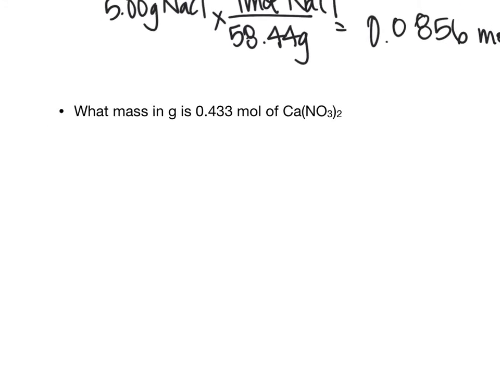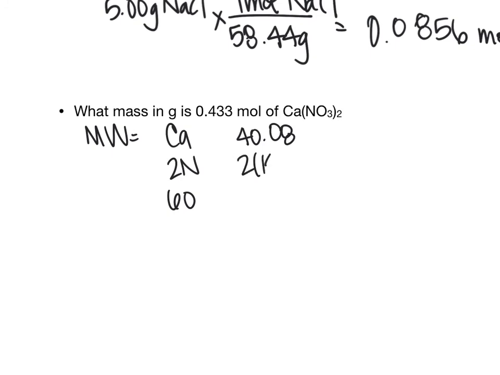So now, instead of going from grams to moles, can we convert from moles to grams? And we can. So first we need the mass of calcium nitrate, or the molecular weight. So for calcium nitrate, the molecular weight is equal to Ca plus 2N plus 6 oxygen, which is 40.08, 2 times 14.01, and 6 times 16.00.